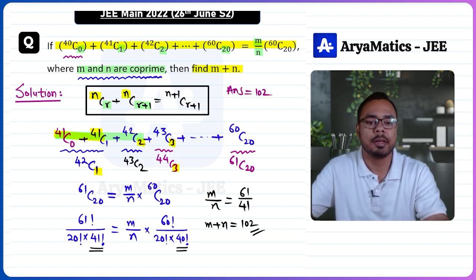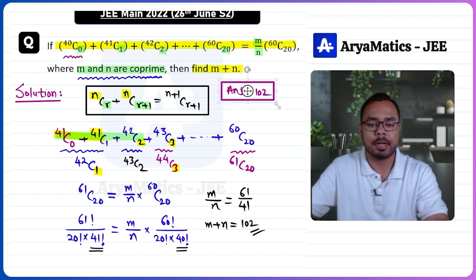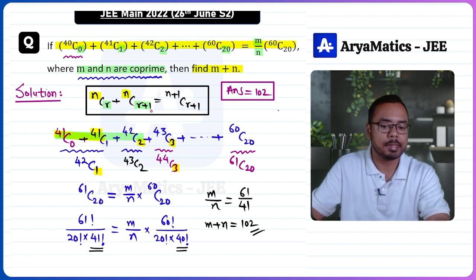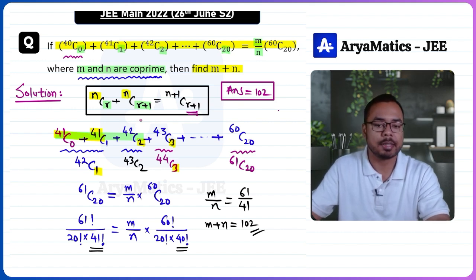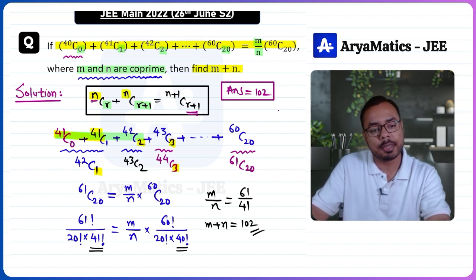As you can see, this was a very interesting problem. We used the simple result that NCR plus NCR plus 1 is n plus 1 CR plus 1, and we combined all the terms on the left hand side. The important trick was that in order to start the series, we must have the same n at these two places.